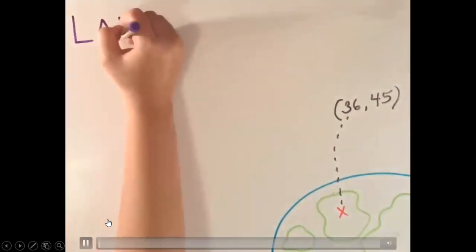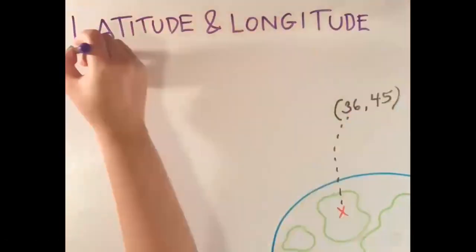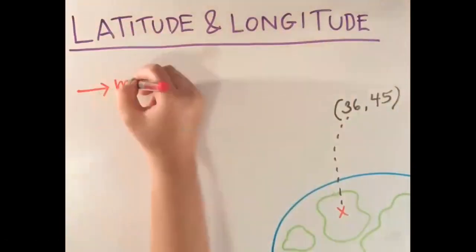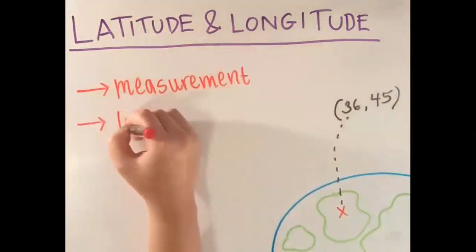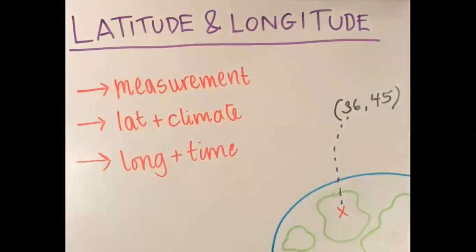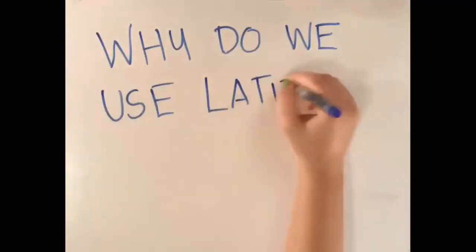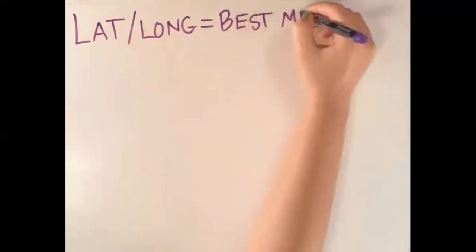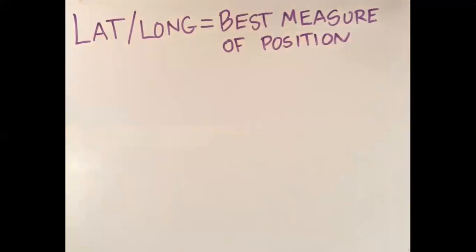This movie is about latitude and longitude. This video will cover their measurement, how latitude pertains to understanding global climate, and how longitude pertains to understanding daily cycles of time. Why do we use latitude and longitude? We use latitude and longitude because they are the best measures of position on the Earth's surface.